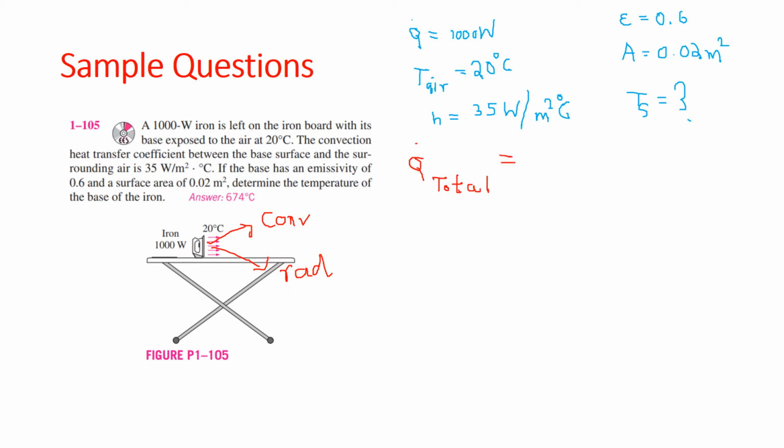So we know Q total is equal to the heat transfer due to convection plus the heat transfer due to radiation.